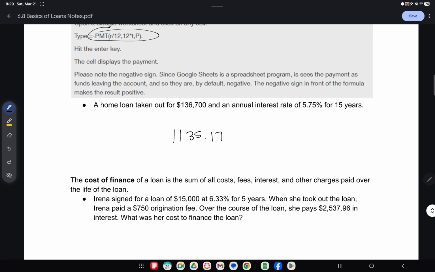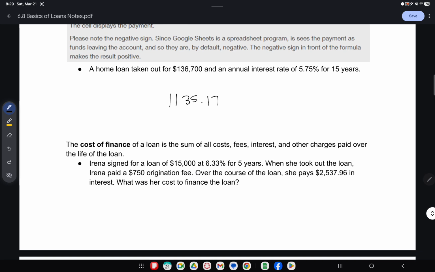All right. So we're going to talk about the cost to finance something, because when you borrow money for whatever reason, whether it's student loans, car loan, mortgage, personal loan, anything, you are not just saying, hey, I want 10 grand and I'm just going to pay you back 10 grand and then we'll call it good.